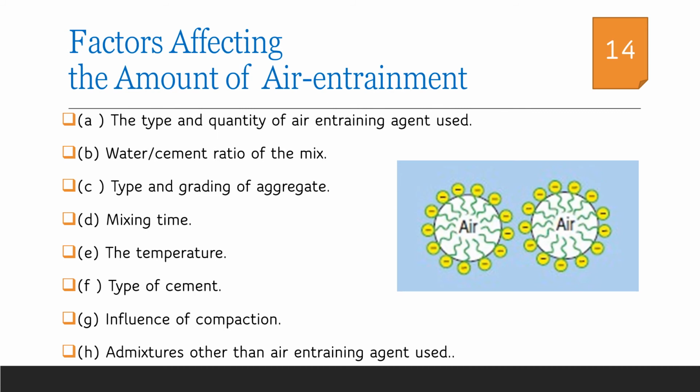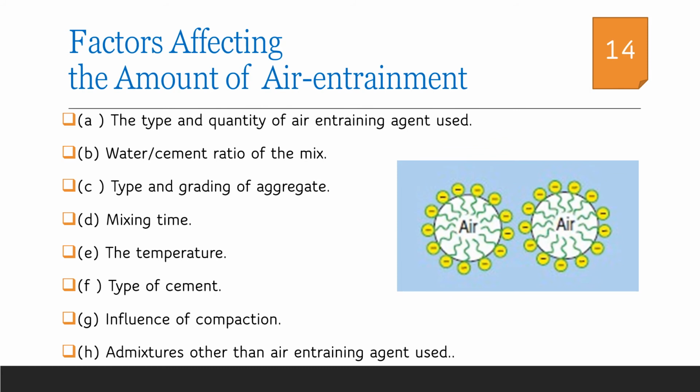These air entraining agents being negatively charged, when they get attached to air bubbles, they cause the dispersion of air bubbles through the volume of concrete. That will ensure better workability of concrete as well as better hydration of cement.